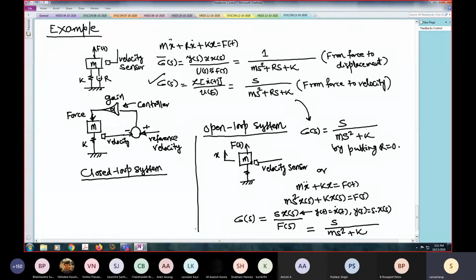All right. So now I will convert this. What we have is the difference velocity, let's call it v rep. V rep, that is plus, here is minus, here is gain alpha, here we have the open loop transfer function s by ms square plus k.